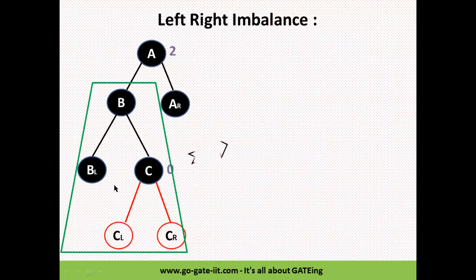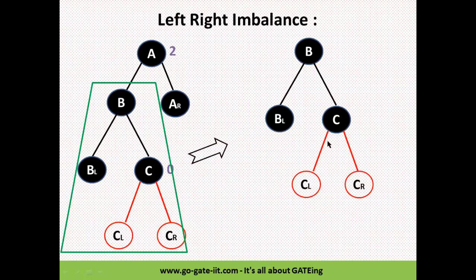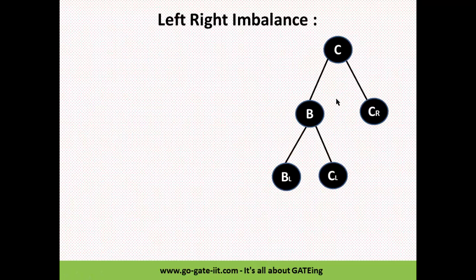So this gives us this part. We'll do a left rotation, as the weight on the right hand subtree is more. On doing a left rotation, we will achieve this kind of structure.